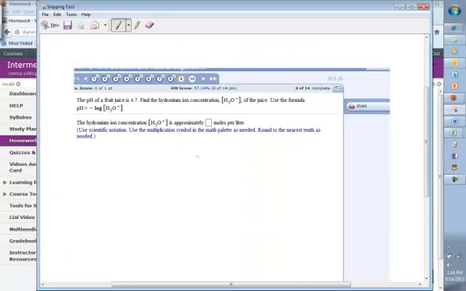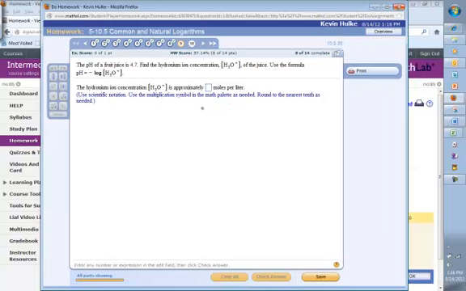So in other words, the hydronium ion concentration is 10 to the negative 4.7, which would be approximately 10 to the negative 4.7 moles per liter. Use scientific notation.